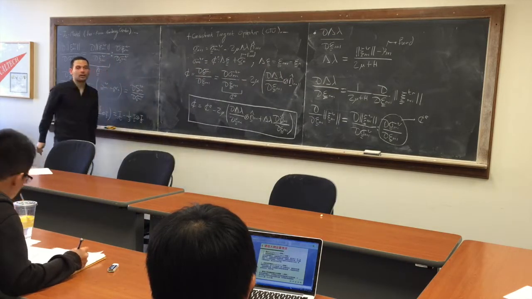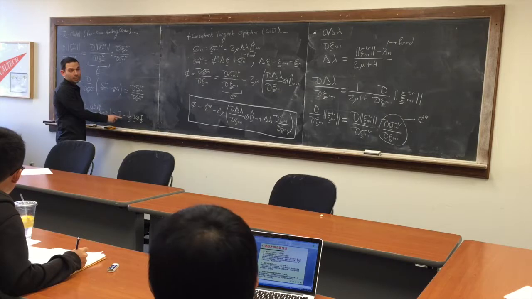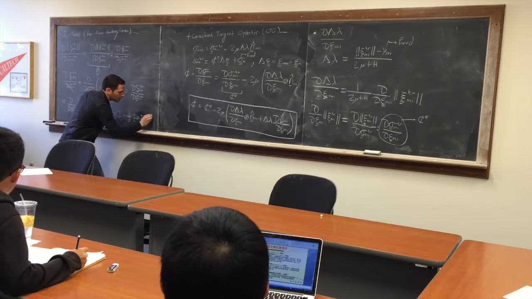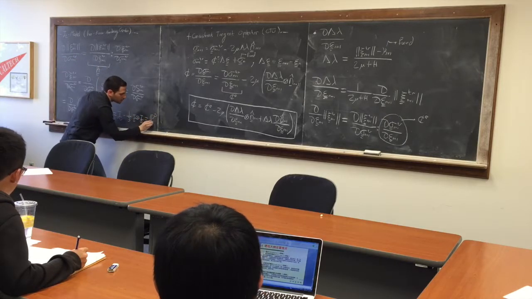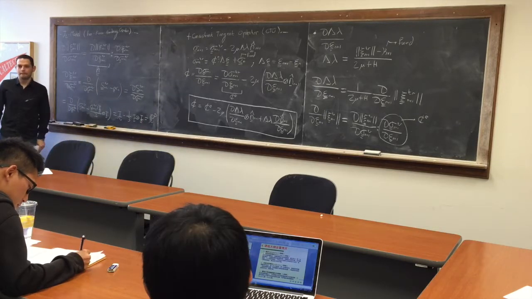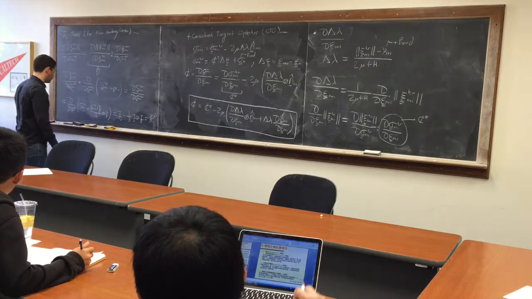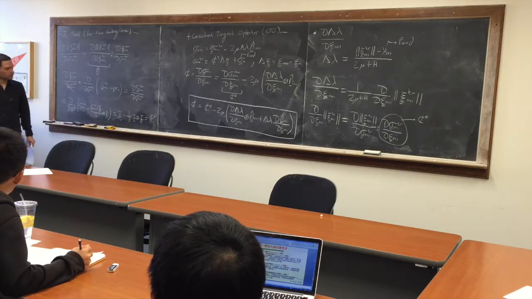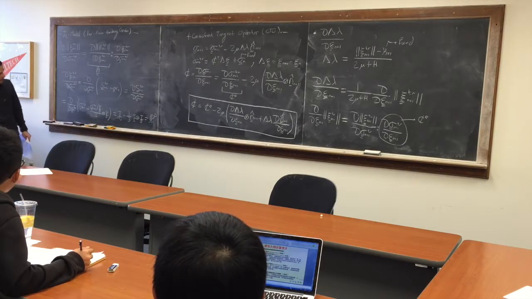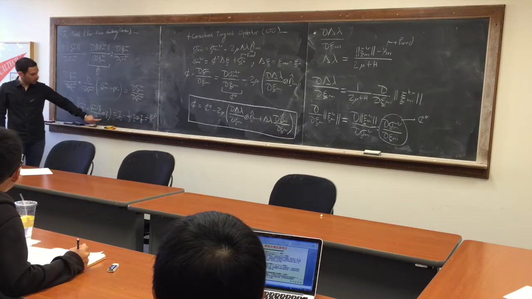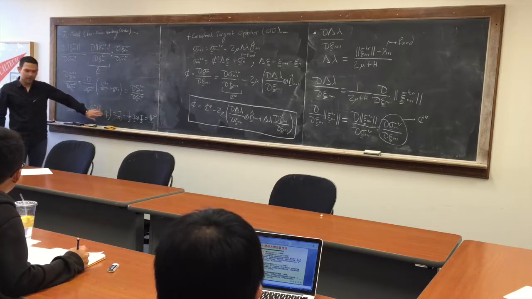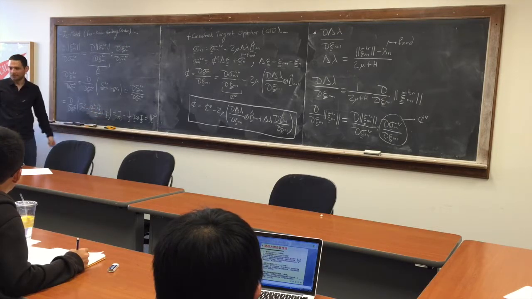This is called the deviatoric projection. In any case, it is not, because this is a scalar.